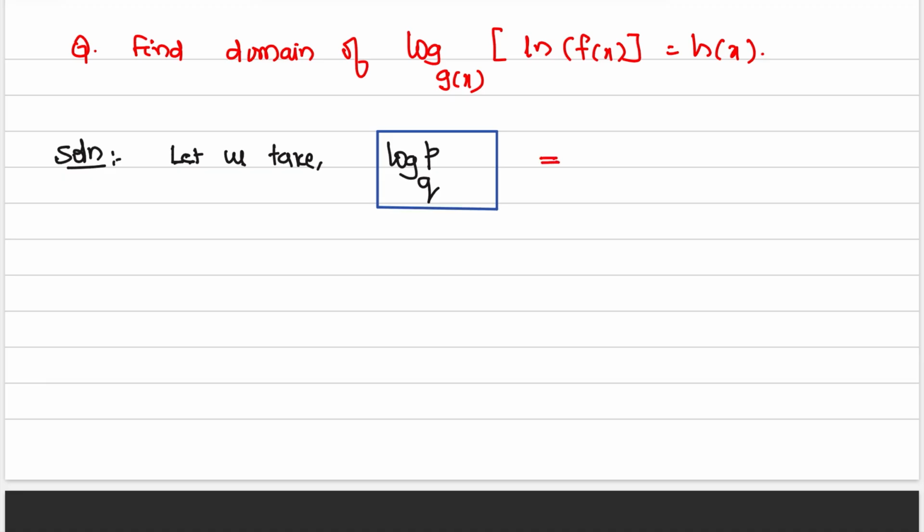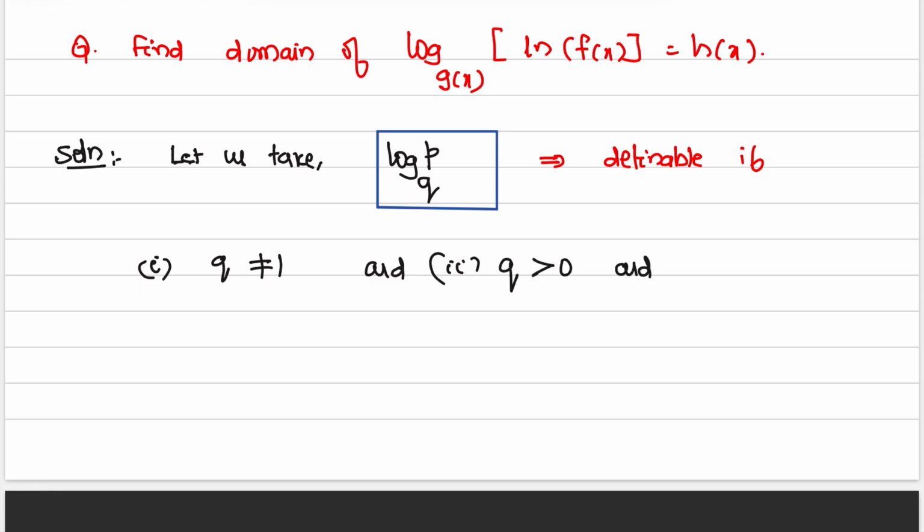This is definable if, we will call it property 1, the base q is not equal to 1, and the second property is q should be greater than 0, and the third property is the argument p should not be any negative value.